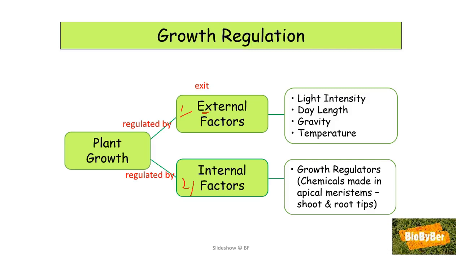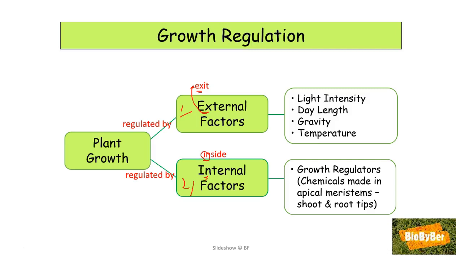EX for exit and EX for external, outside. Internal factors are to do with inside, things within the body of the plant that affect growth. IN for inside and IN for internal.